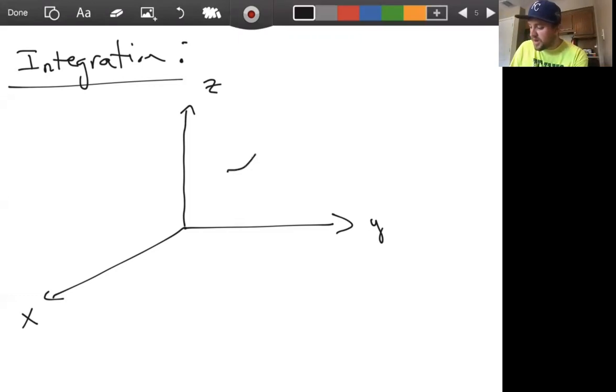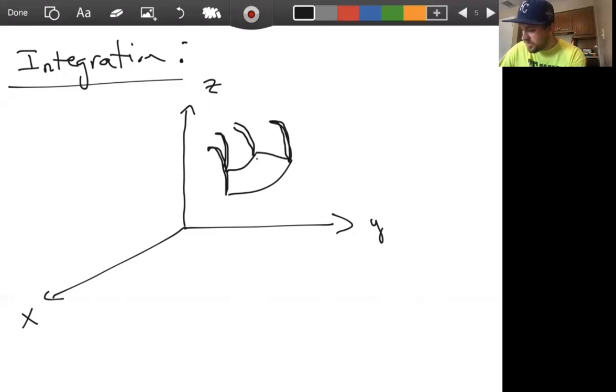a change in theta, which looks something like this. We have a change in phi, which looks something like this. And then we have a change in rho, which is this.